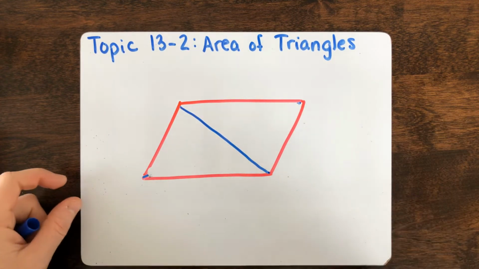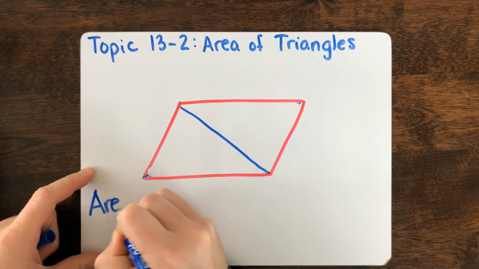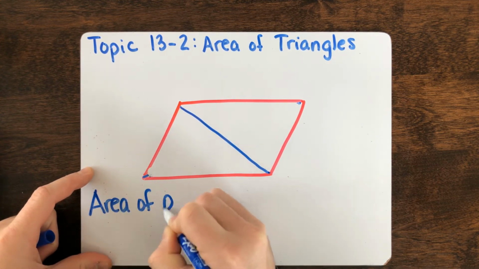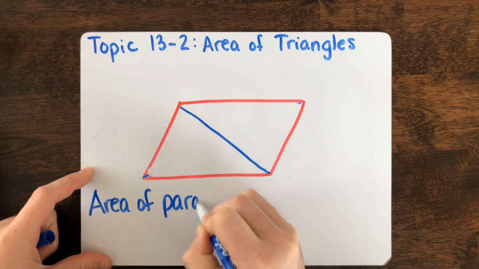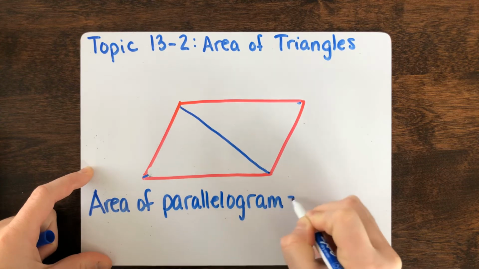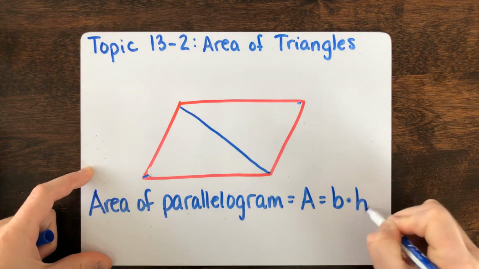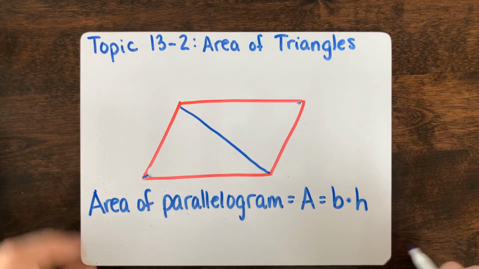So we know that the area of a parallelogram equals base times height, or area equals BH.